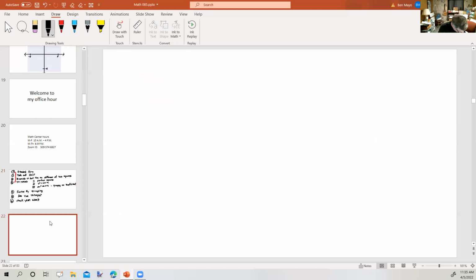All right. So let's take a look at this problem: 2b squared plus 8b minus 24. This is a trinomial, so standard form is a big concern. Is it in standard form?